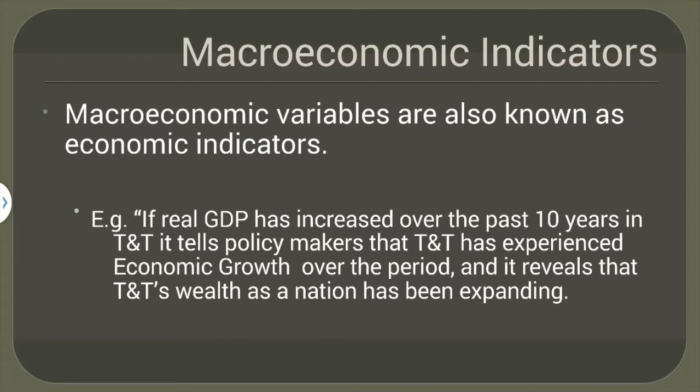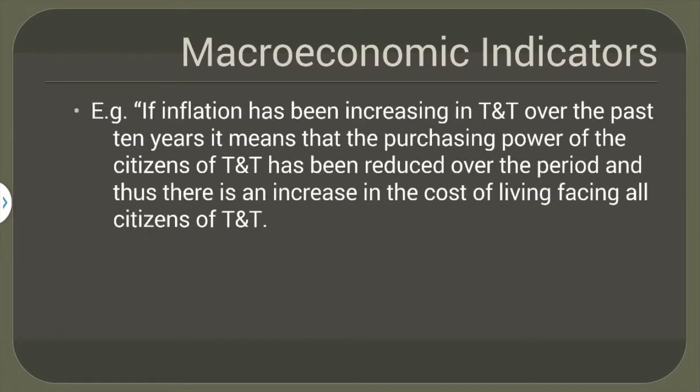If the values of inflation are persistently rising, it means that things are deteriorating within the economy because the purchasing power of the economic agents will continue to decrease as long as inflation rises. So rising inflation rates send a signal that the economy is deteriorating such that purchasing power of our economic agents is decreasing.